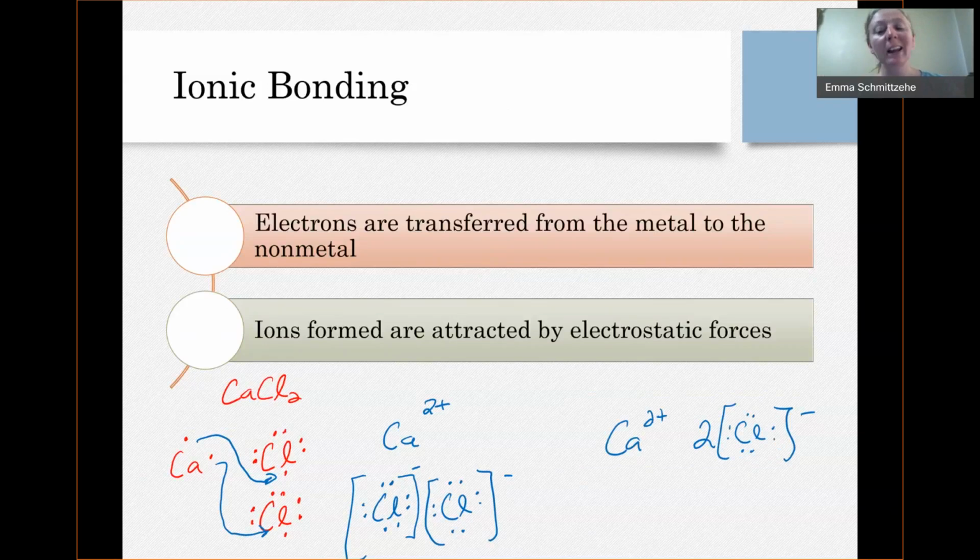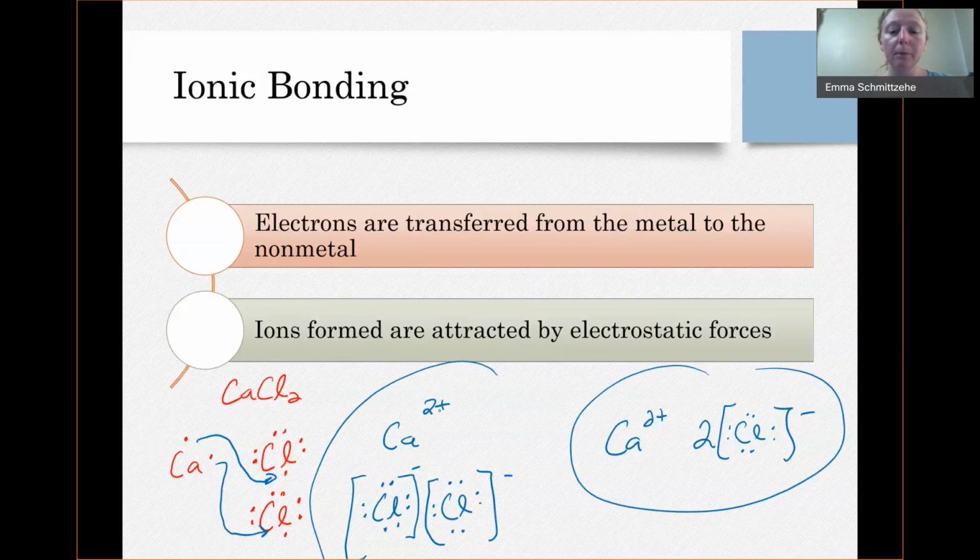But there's no line connecting those things, because when we draw Lewis structures, lines indicate shared electrons, and none of these electrons are shared. They're actually given from one thing to the other. So either this over here or this here is the Lewis structure of the ionic compound calcium chloride.